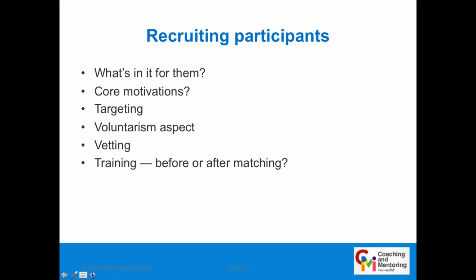Whereas if you do the matching before the training or briefing, that can also be very useful. I've had some tremendous success recently with working with mentors and mentees in pairs and helping them prepare for their relationship together in the same session. So there are pros and cons to both, but again, another decision to make.